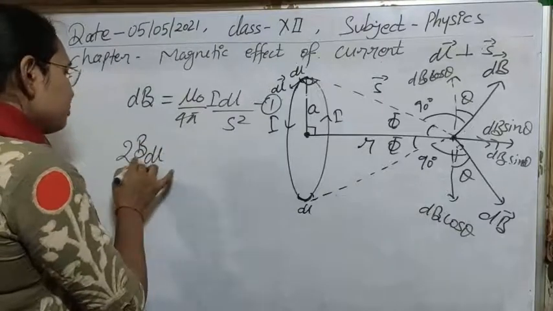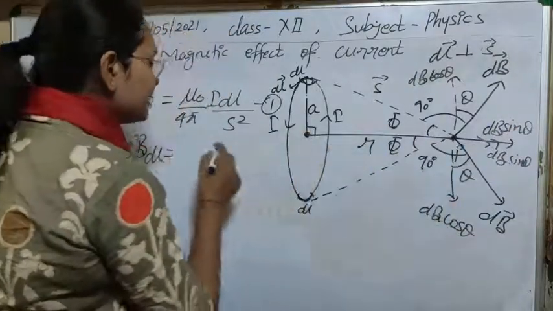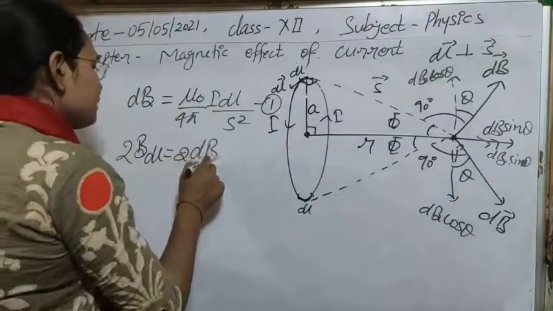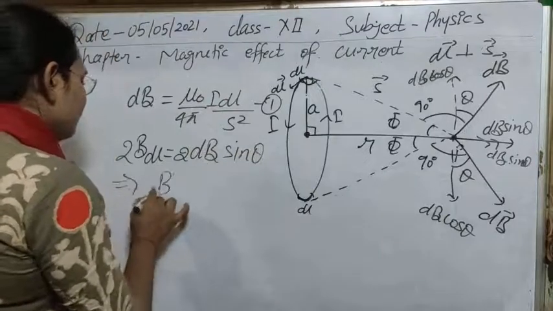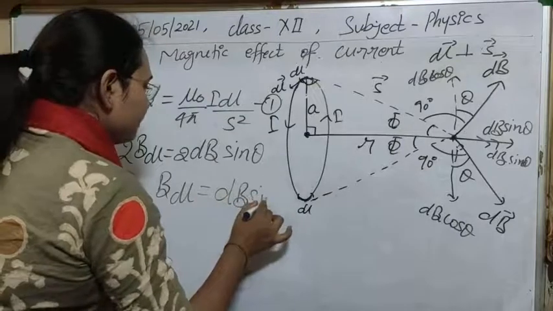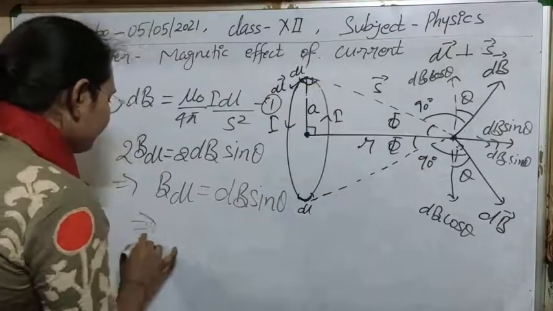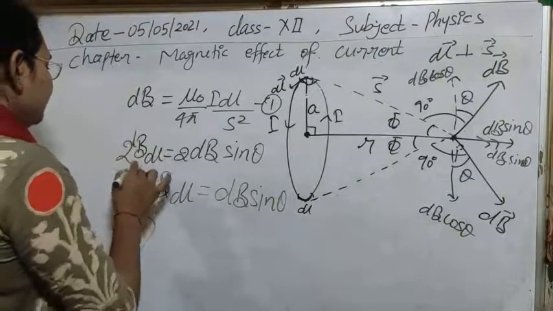So 2 times dB will be equal to dB sin theta plus dB sin theta, meaning 2 times dB sin theta, or you could write it with only one. So this is dB sin theta, this value we have.